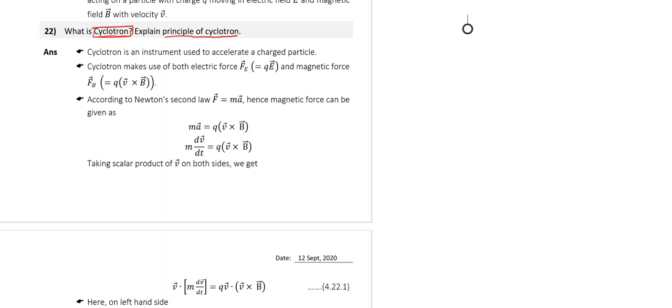One is Van de Graaff generator, the other one is cyclotron, then you have synchrotron. All these are particle accelerators. When you are told particle accelerator, you should understand that it must be a device which gives any charged particle very high velocity. And what do we do with such a highly energetic charged particle? We bombard it on some target element, so that we can study what is there inside.